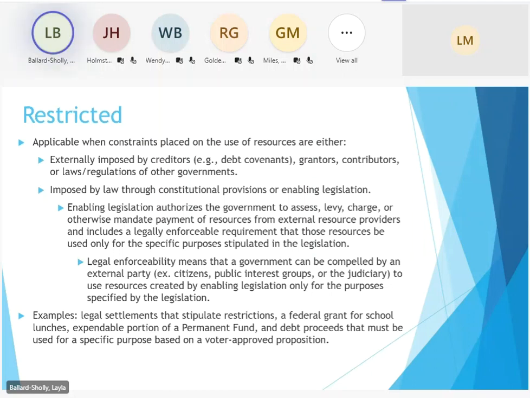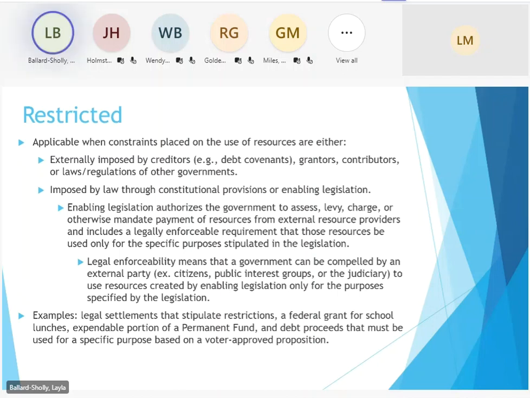We had enabling legislation, which was Act number 40, passed in 2017, established the Infrastructure Maintenance Trust Fund, and Act number 40 created a revenue source by increasing the state gas tax. And then it also stipulated that all the money in the fund had to be used for the repair, maintenance, or improvements of our existing transportation system.